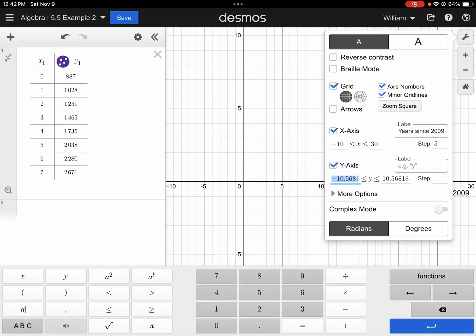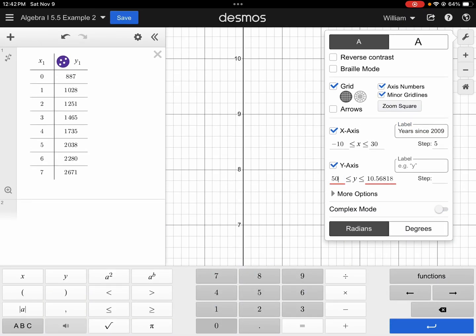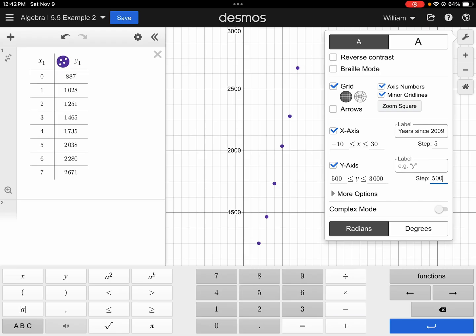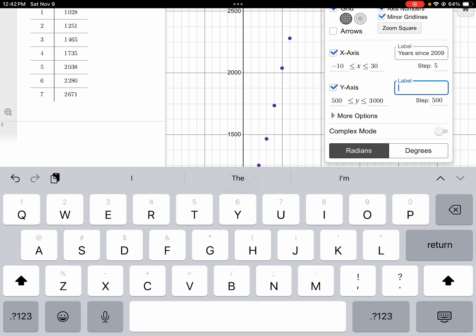So what I'll do is I will start at 500. And I want to go up to 2,600. Let's go 3,000. Probably could have just as well started at 0 on this one. And then 3,000 divided by 10 is 300. I'm going to round that up. I'm going to go 500. And this will be my sales.